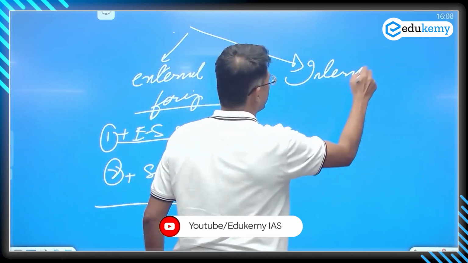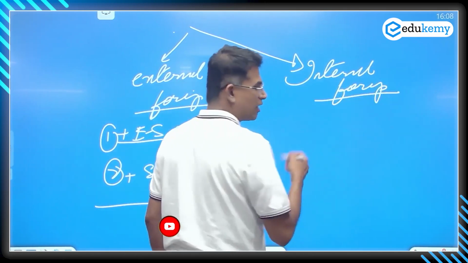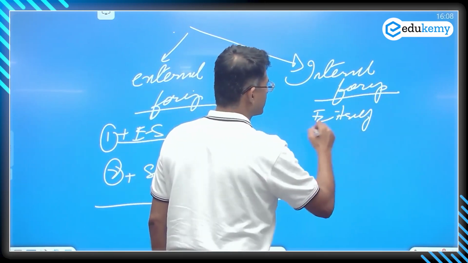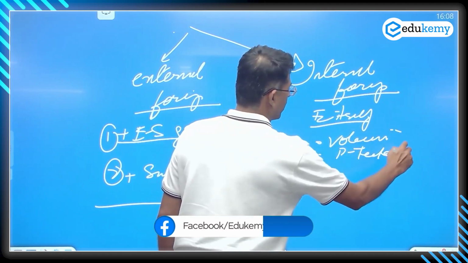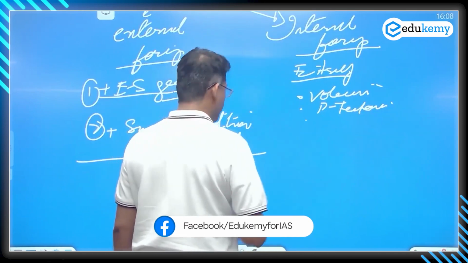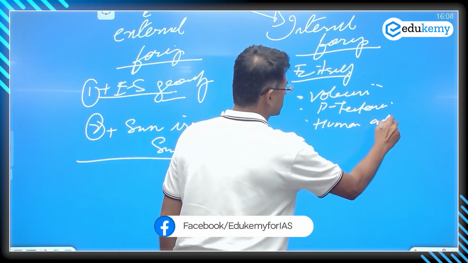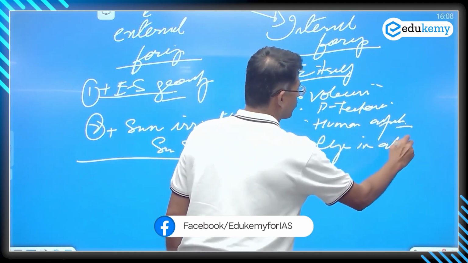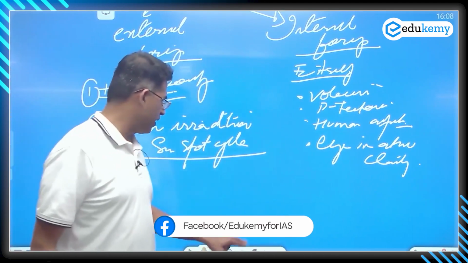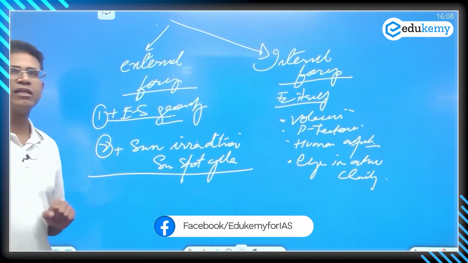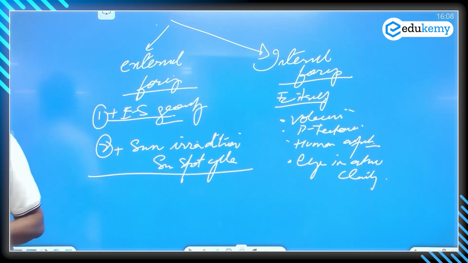And then we have internal forcings related to Earth itself, like volcanism, plate tectonics, even the human aspects, change in atmospheric chemistry. Okay. The same points you have to write, the external factors and internal factors.